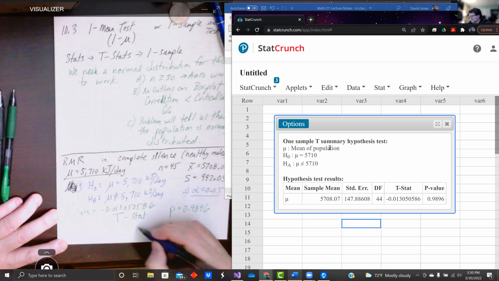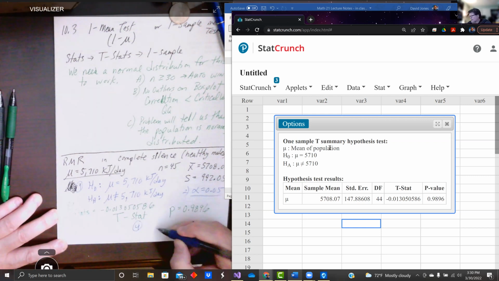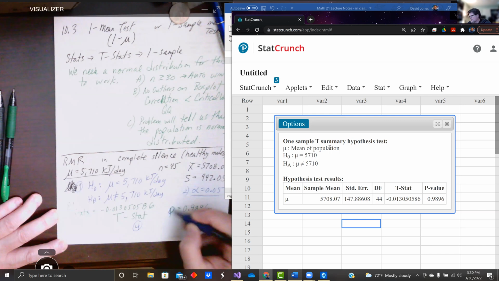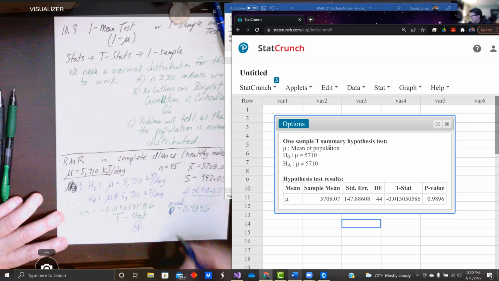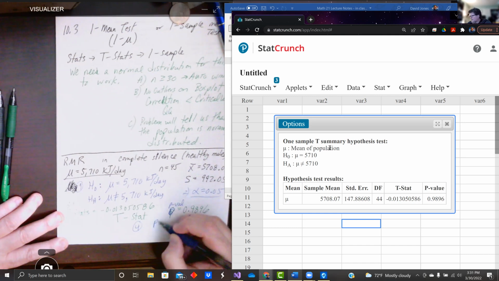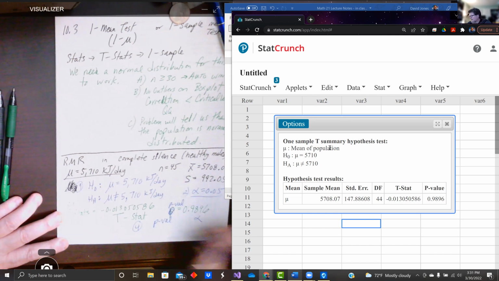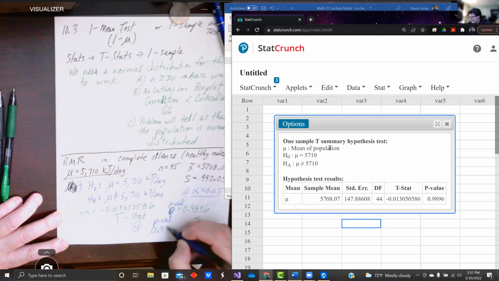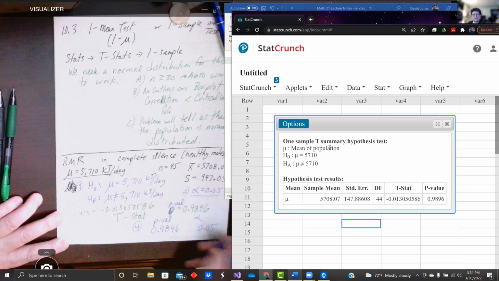Step 4 is decide. We're going to compare. I wrote P, that should say p-value. I want to compare my p-value versus alpha. 0.9896 versus 0.05. P-value is bigger here.